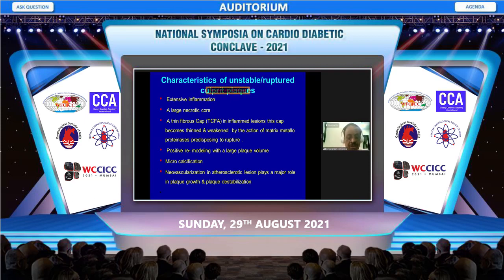This cap becomes slowly thinned out and weakened by the action of matrix metalloproteinase, predisposing to rupture. Then positive remodeling with a large plaque volume is also a sign for rupture. Then comes the microcalcification, then the neovascularization in the atherosclerotic lesion. These are the findings where you can say this is an unstable culprit plaque.